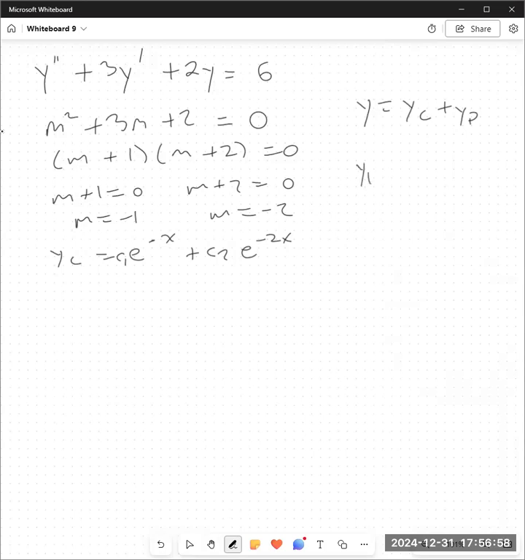So I'm going to try yp is equal to a constant that I'm going to call capital A, just using constants like I would in partial fraction decomposition. The only capital letter that I probably want to avoid using is a capital D, for reasons that you'll see in our next section when we talk about the annihilation approach.